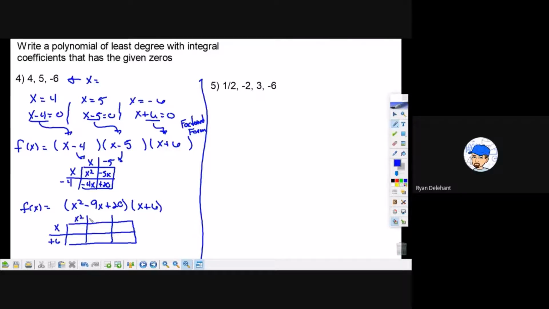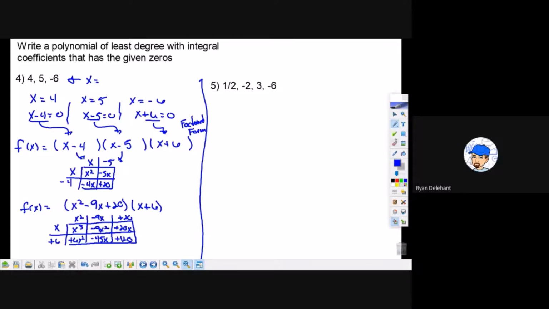x squared minus 9x plus 20. So we get x to the third minus 9x squared plus 20x plus 6x squared minus 45x. And then 20 times 6 is 120.